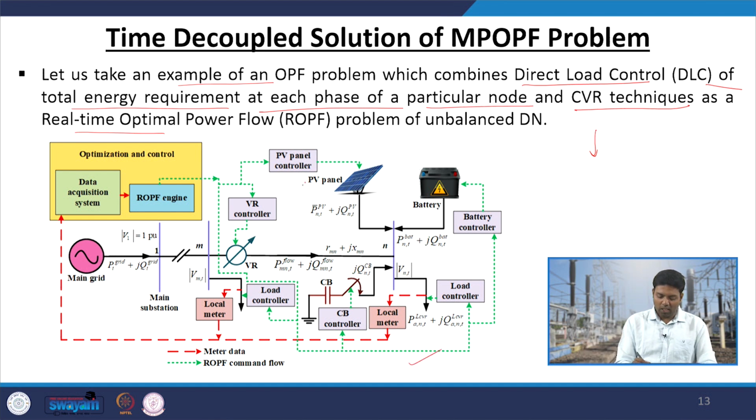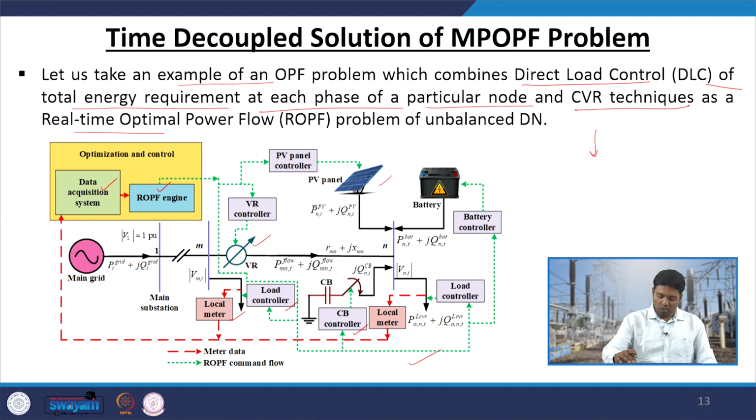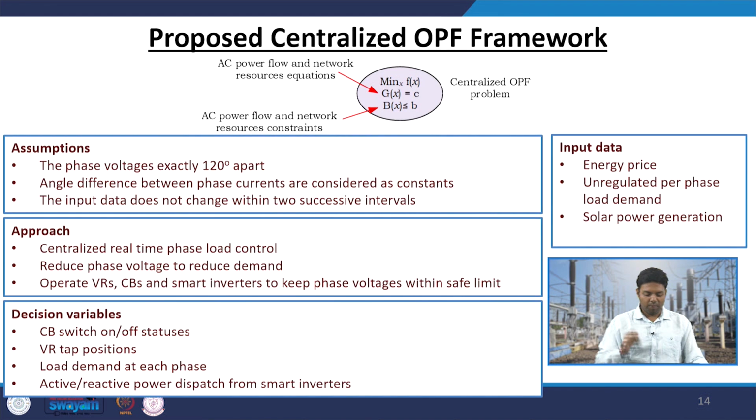Your network has an ROPF engine, that is a real time OPF engine, and a data acquisition system for gathering the information. You have meters, load controllers, capacitor bank controllers, voltage regulator controllers, and batteries, PVs, and other DERs. Okay. So, we will move forward with this example.